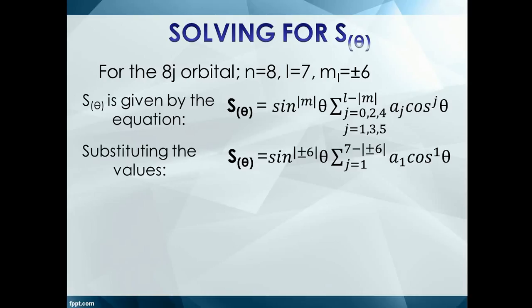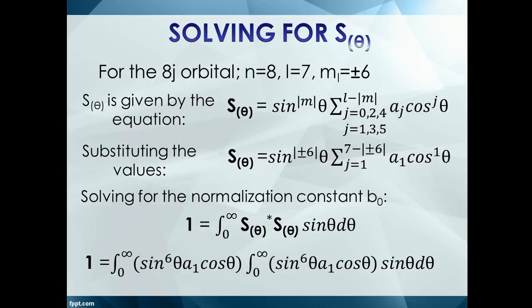Substituting the values, we get S theta equal to sine raised to the absolute value of positive or negative 6 theta, summation of j equals 1 to 1 of a1 cosine theta.